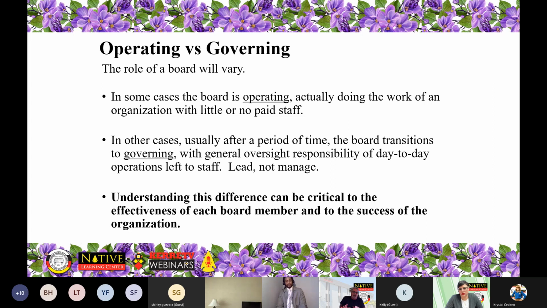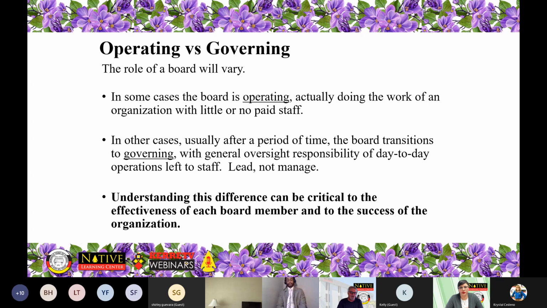We need to step back from day-to-day hands-on operation and move more towards procedure, policy, and governance processes, creating the environment and delegating those daily responsibilities to staff or volunteers in whatever capacity. And there's a distinction.